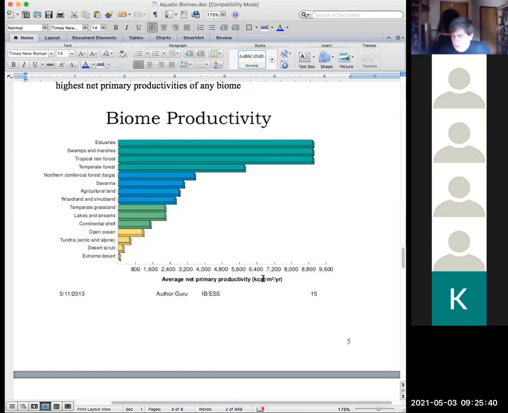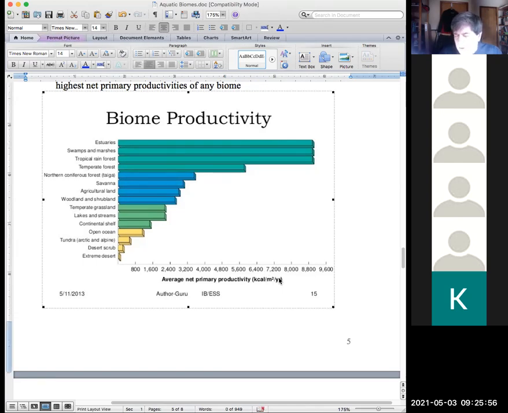So here we are measuring net primary productivity in how many kilocalories of energy they produce. Remember, some of those pyramids we looked at were energy pyramids, but the number of kilocalories per square meter per year. So we're always looking at the same size area and for the same length of time.